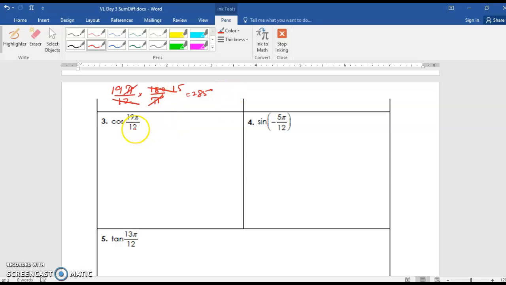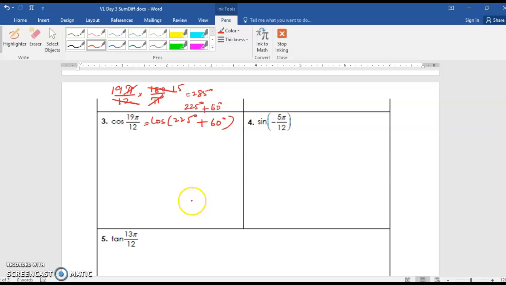Okay, so 285 could be split into the nearest known angle, which is 225. You should look into the unit circle, my dears. You should have that handy. You see how important the unit circle is? So 225 plus 60 is 285. So you can think of this as cos of 225 plus 60 degrees.